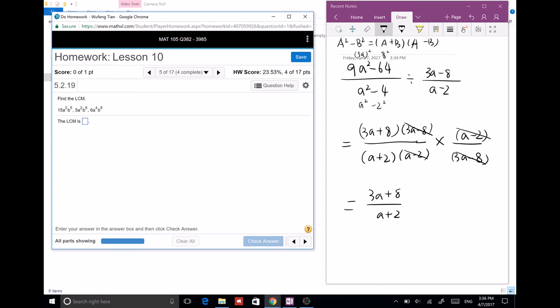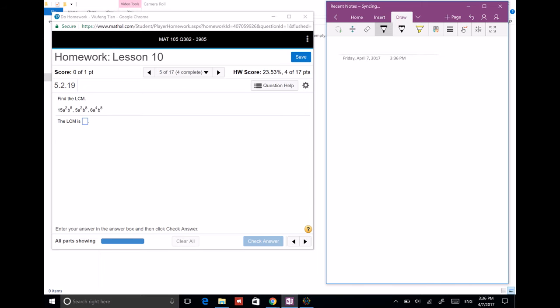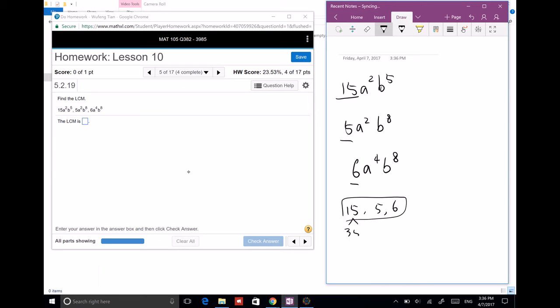Okay, next question. Find the LCM, the least common multiple, of 15a squared b5, 5a squared b8, and 6a4 b8. Now, 15, 5, 6 can all divide into 30. The least common multiple of 15, 5, and 6: 15 gives you 3 and 5, this is 5, this is 6.